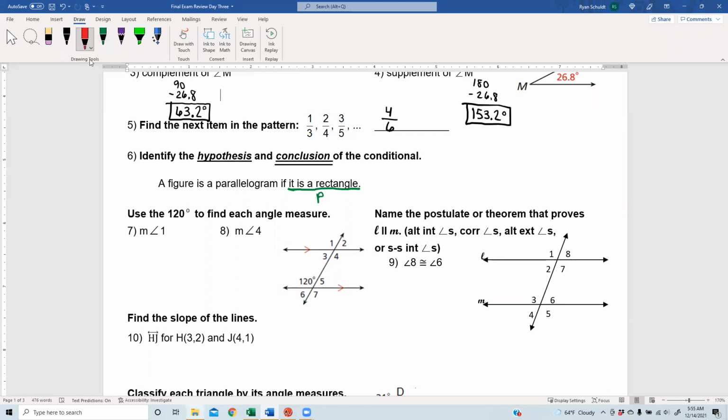The conclusion has to be the part at the beginning. A figure is a parallelogram. That's our conclusion. Notice I did not underline in any form the word if. Our hypothesis is it is a rectangle. Our conclusion is a figure is a parallelogram.